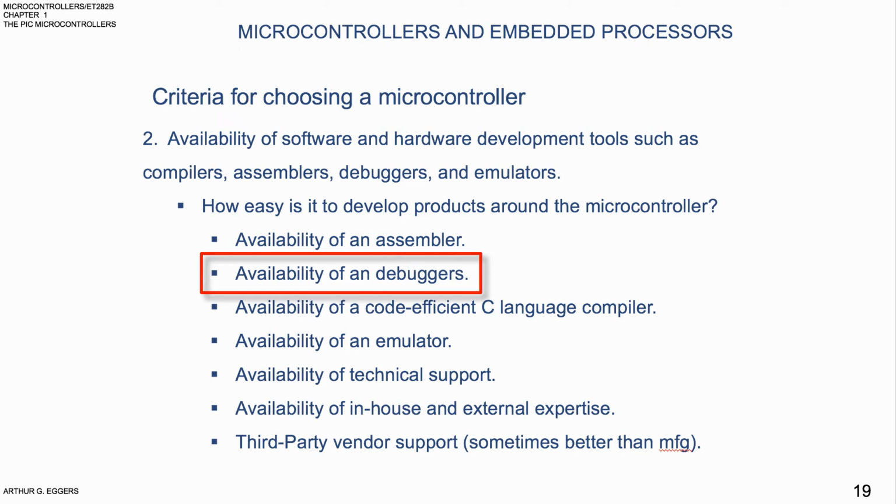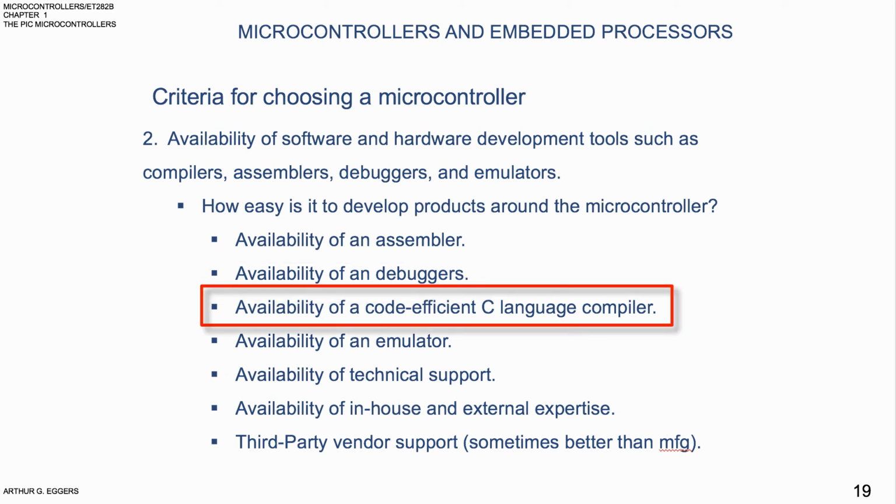The availability of debuggers. After you write a set of code to do something that the microcontroller is going to do in the product, do you have something out there that's going to test it? Is there something already available that matches the assembler to do the debugging and find out if there are problems in the code?